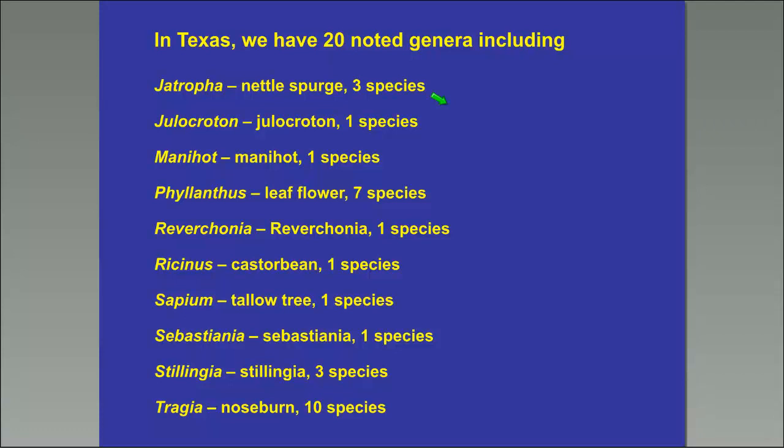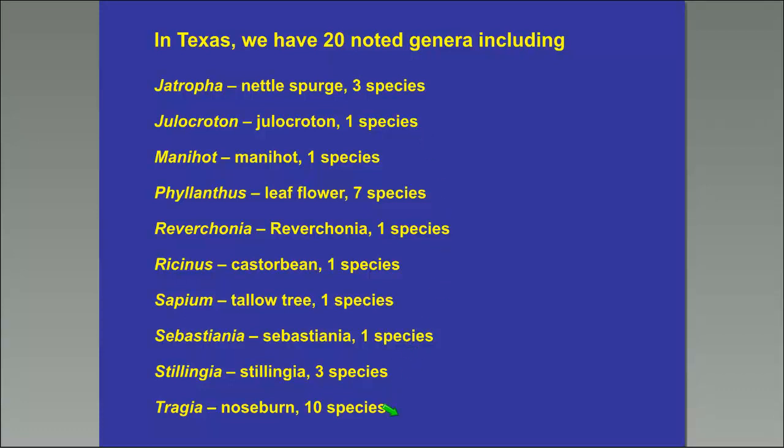A lot of times people will pick a spurge, and because white milk comes out of it, they think it's a milkweed. But 5 different families of plants in Texas have a white milky sap. In this family, we have white milk and then we have clear milk. So not every member of the family is going to have a white sap in it.